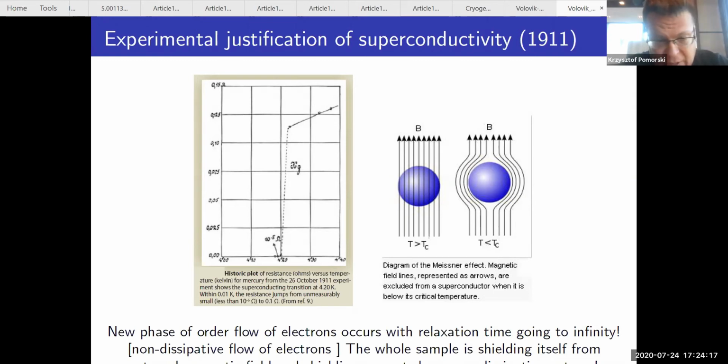So in case of superfluids, we need like 6 millikelvin or 3 millikelvin for the critical temperature to be achieved.